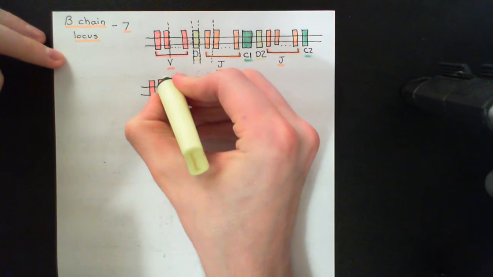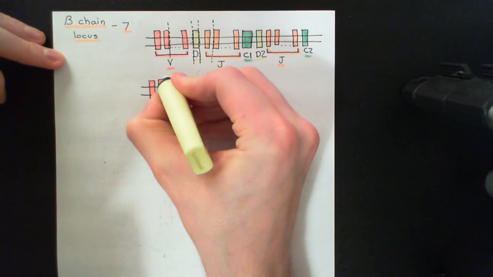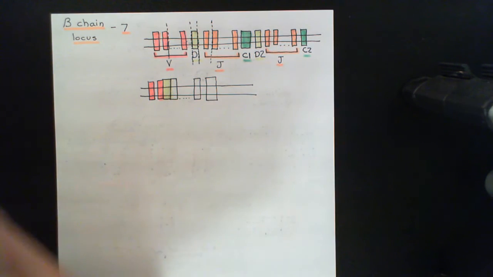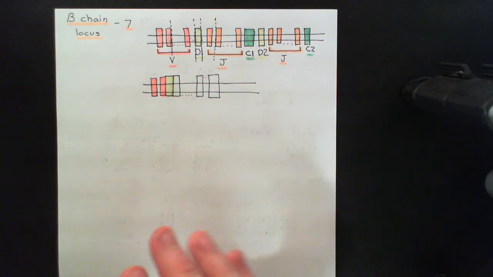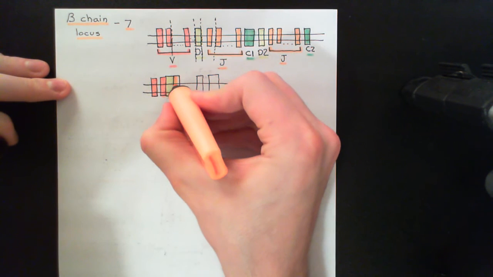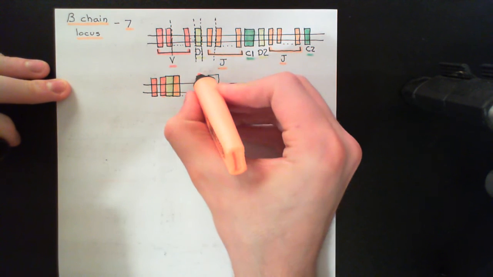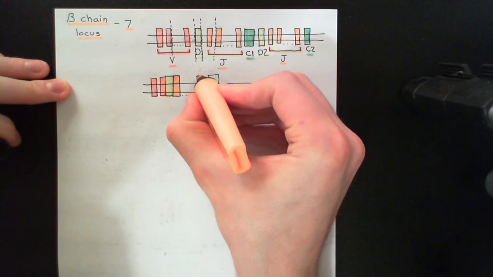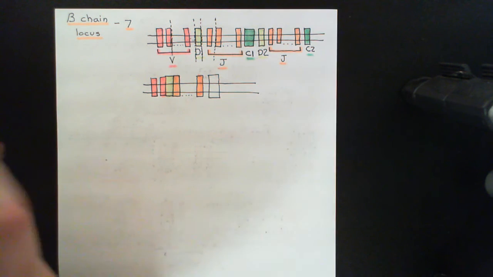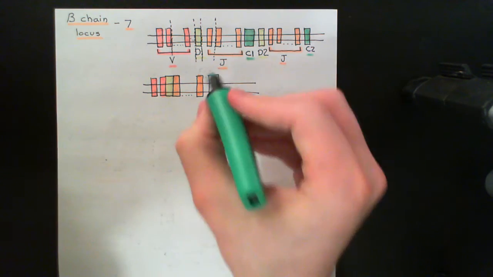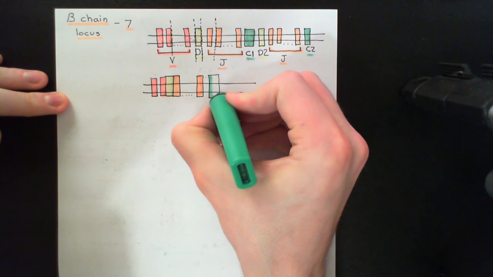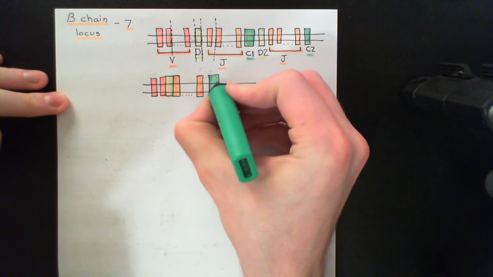Then after that, you'll have the diversity gene segment, which I'll colour in there in yellow, and then your chosen joining gene segment here in orange, then all of the other remaining joining gene segments after it. So all of them. And then here is our first constant gene segment, like so.